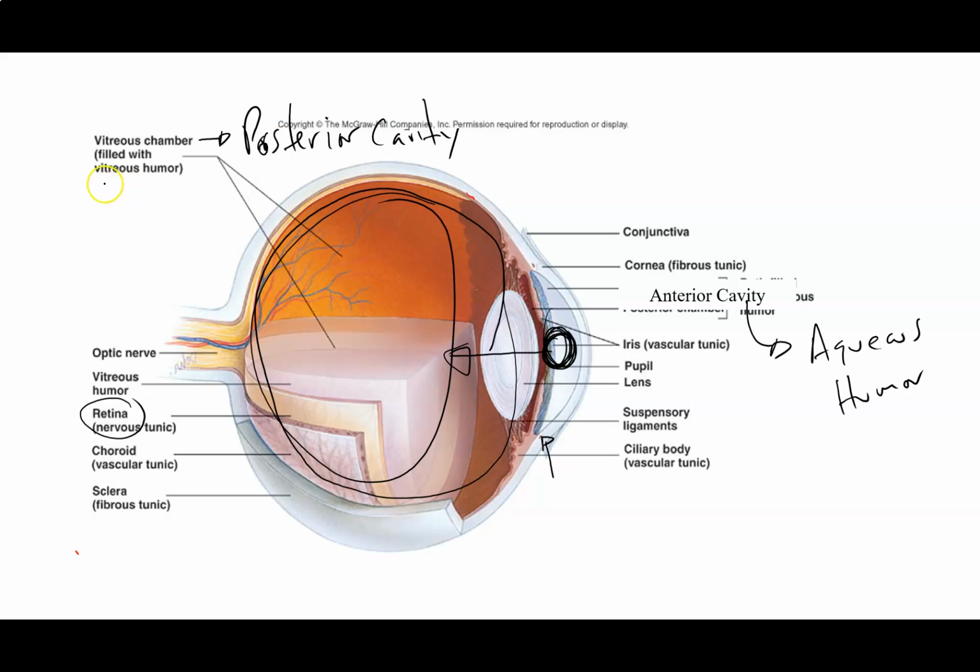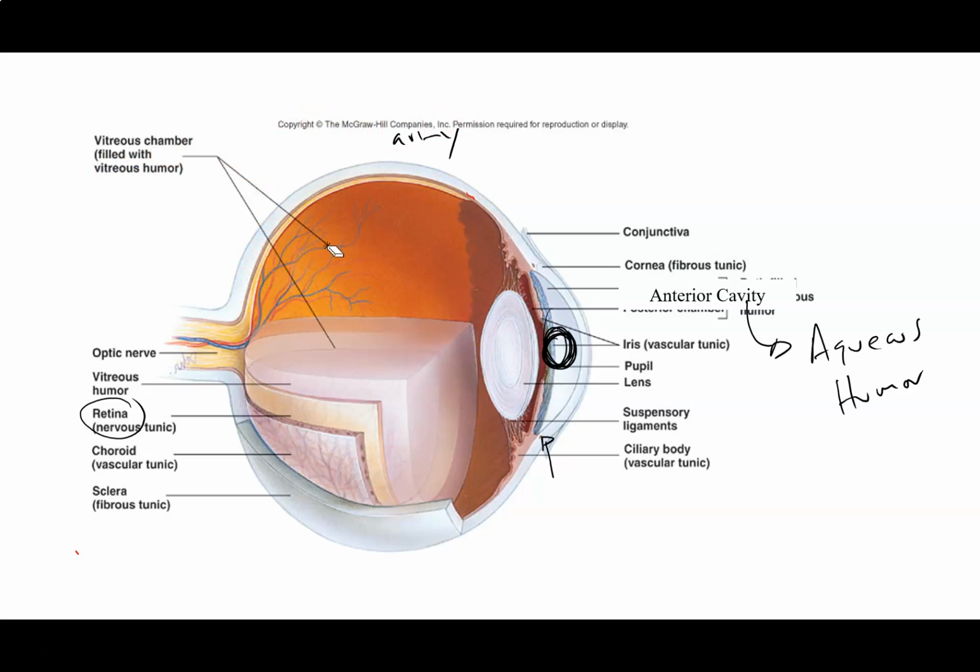It is filled with a thick gelatin known as vitreous humor. And the vitreous humor on this image is depicted by this large pale white material, but it fills the entire space.